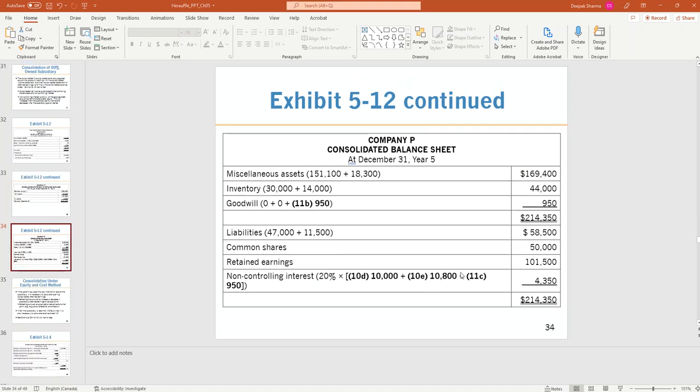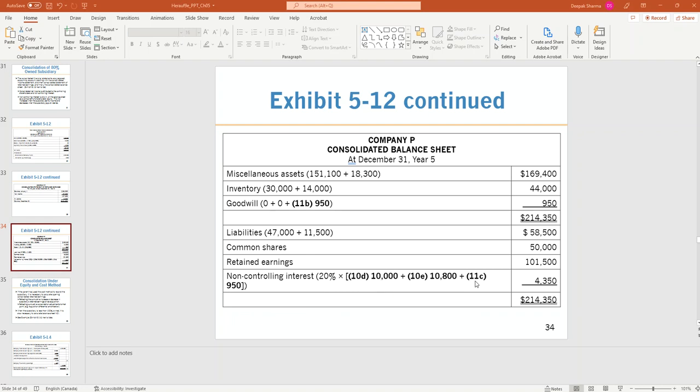Okay, so what happened here is on the balance sheet, when we do the NCI calculation, the best way to do that is you look at the shareholder equity of the subsidiary, which is on exhibit 510. The common share for the subsidiary is 10,000 and 10,800 for retained earnings.